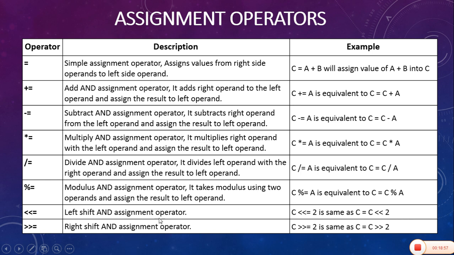These are usually not used in common C++ programs, while the other assignment operators are very frequently used in all C++ programs. So this was all about the various types of operators, how they function and how they produce output, all of which were discussed in this video.